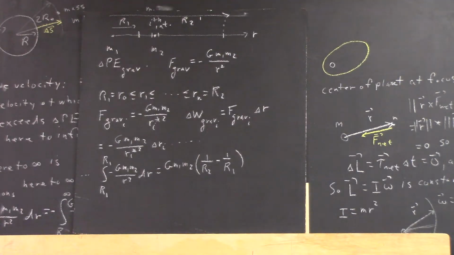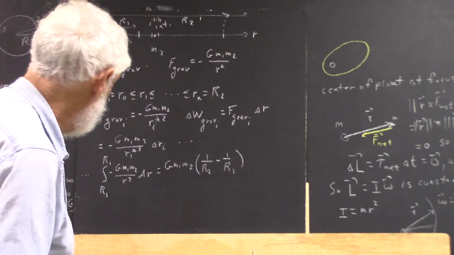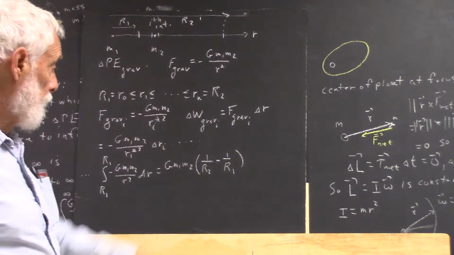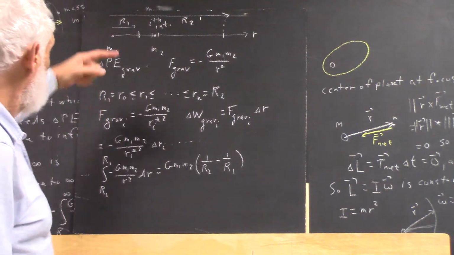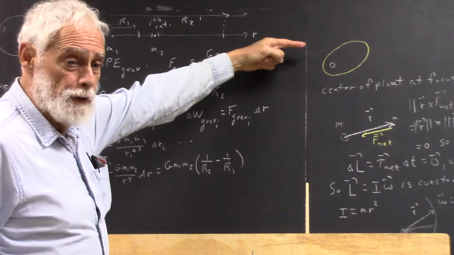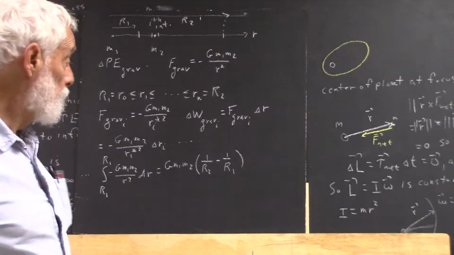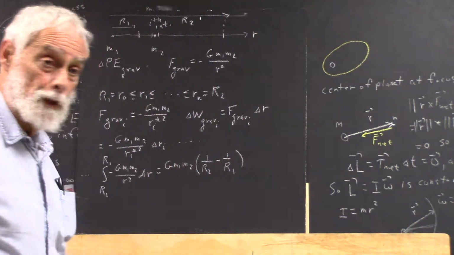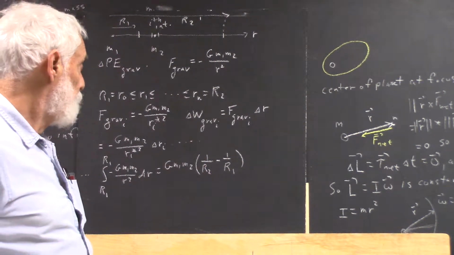Now let me be careful, because I had a negative here and I'm not as young as I used to be, so I can reverse things a little bit. Let's check and make sure this makes sense. The work done by gravity as I move away is negative, because gravity's pulling this way and we're moving this way. So if R2 is bigger than R1, this had better be negative.